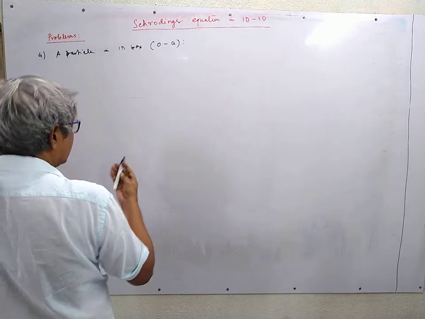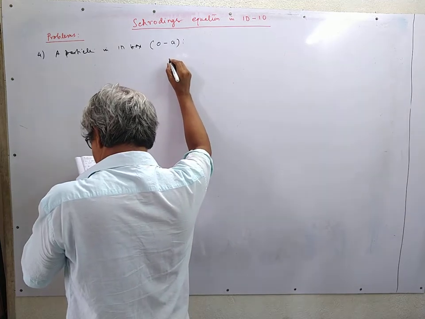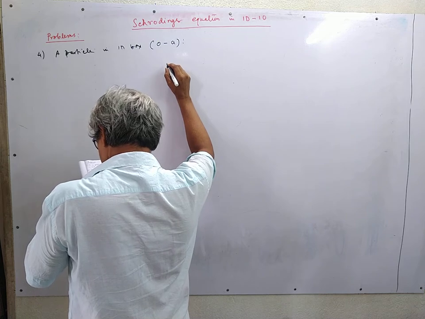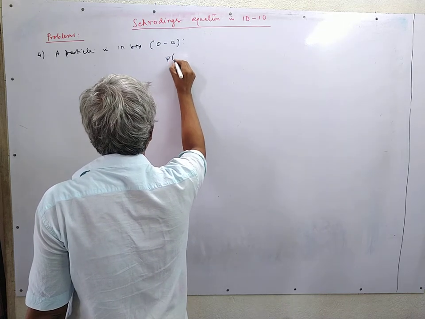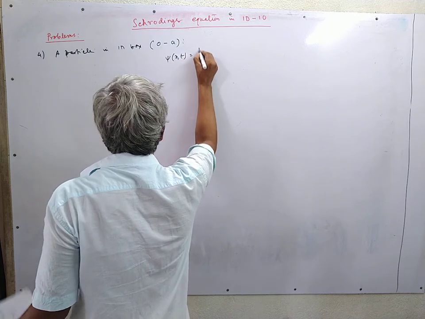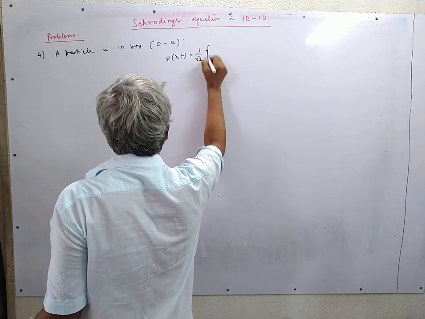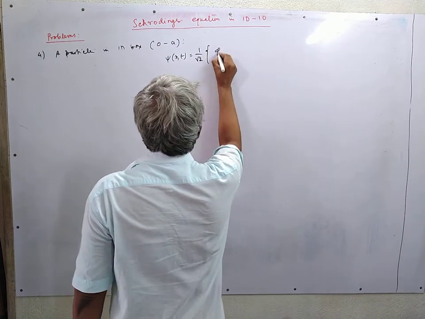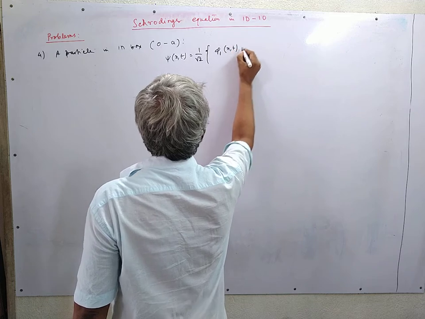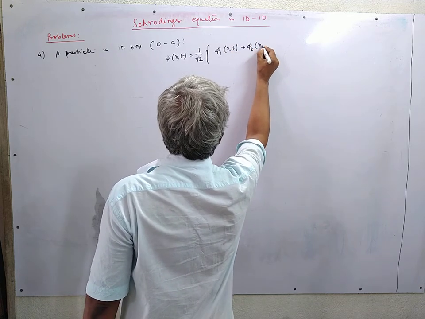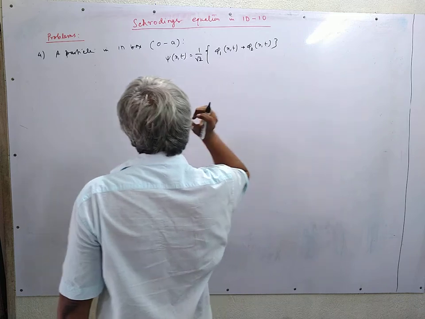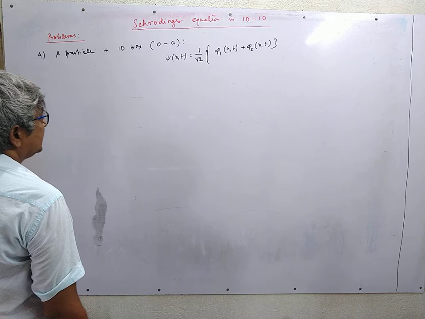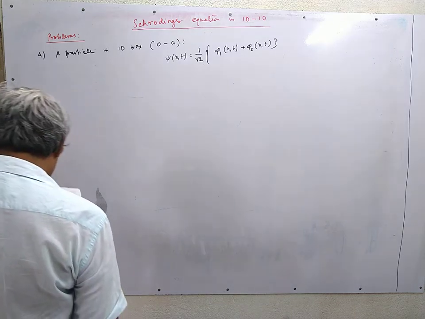The state of the system is given as psi of x t is 1 by root 2, it is already normalized, phi 1 of ... So we have a particle in a 1D box, and the time dependent state is given by this.